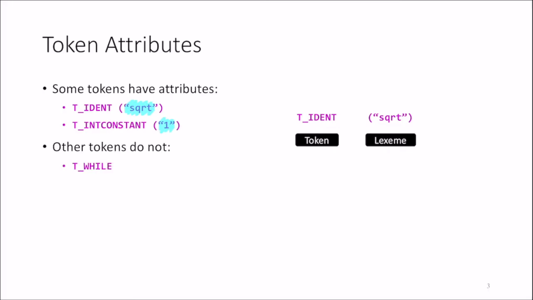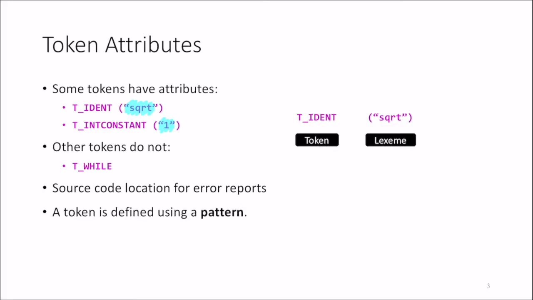Other tokens do not. Like the token for while, it doesn't really matter what the lexeme is because we know it'll just be the letters WHILE, right? We also need to store the source code location for the error reports. That's part of the job of the lexical analyzer. And further, the specification of this token is something we'll call a pattern.